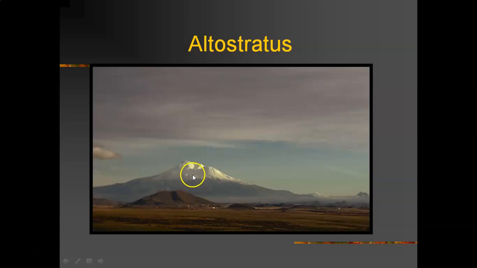All right, let's move to the middle cloud family, altostratus. And actually, I've got a mountain here. This is Mount Shasta, which is 14,000 feet in northern California. It's a volcano. And so 14,000 feet, that's almost 3 miles up. So, luckily, I've got kind of a guide to give me an indicator as to how high up 3 or 4 miles is. And of course, that would fall into the alto category.